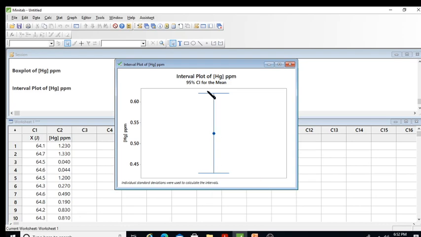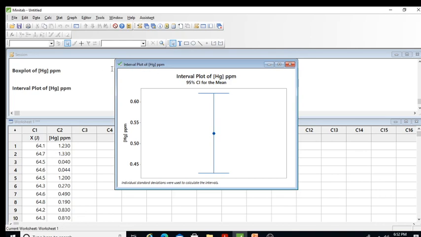These limits are different, because here it is not performing a one-sample Z test. It is just plotting the data in this column. So it is totally different from this interval.